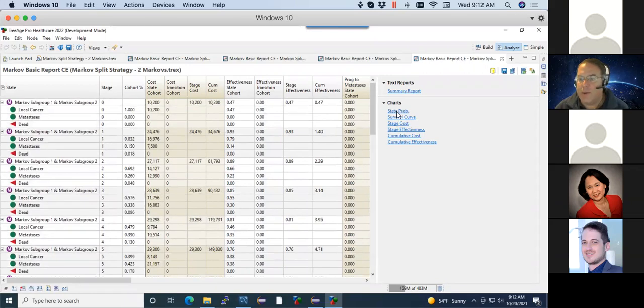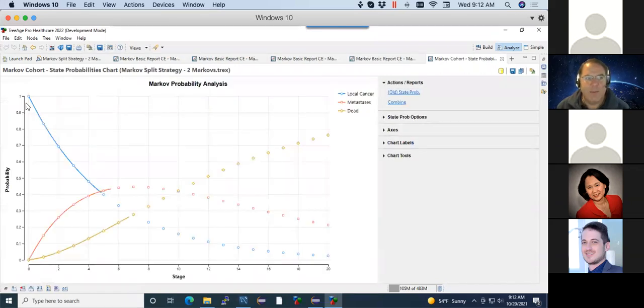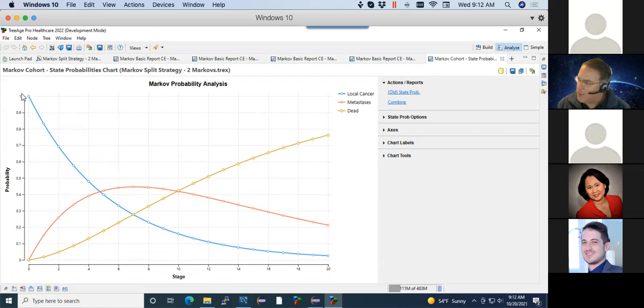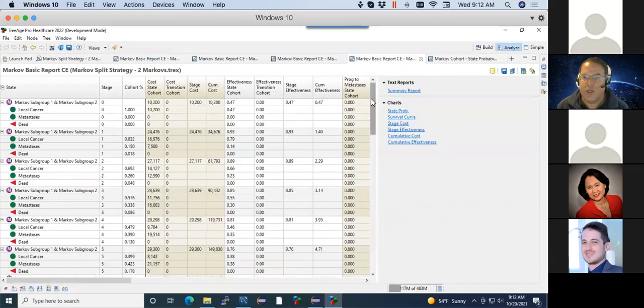And if I go to and run the state prop again, now I'm just seeing the local cancer state go down, where this one is actually a combination of the people who were in local cancer state for each of the two subgroups combined, giving you an overall presentation of how cost was accumulated, how qualities were accumulated over time, regardless of how many Markov models you need in order to accurately represent the disease and progression.